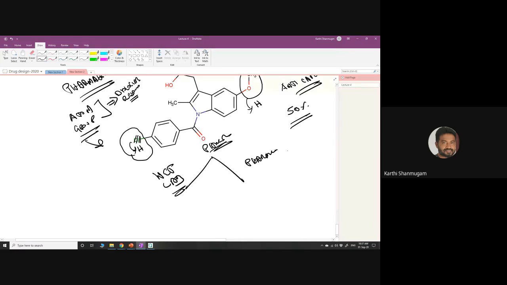Also, we have some computational methods for identifying that. There are a lot of softwares available, we can make use of that. What I mean here is using both wet lab as well as computers, we can to some extent identify which functional groups are important for the biological activity.